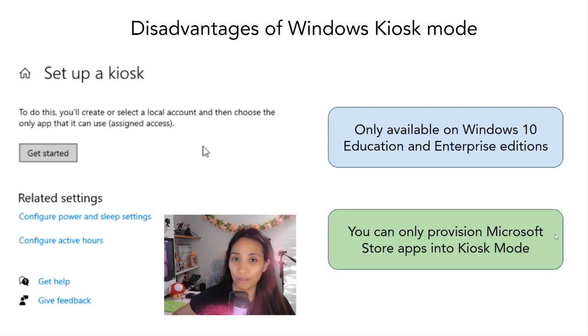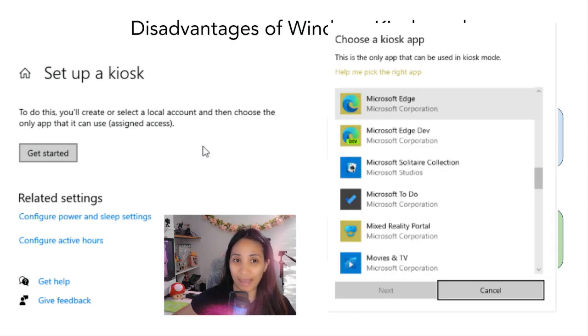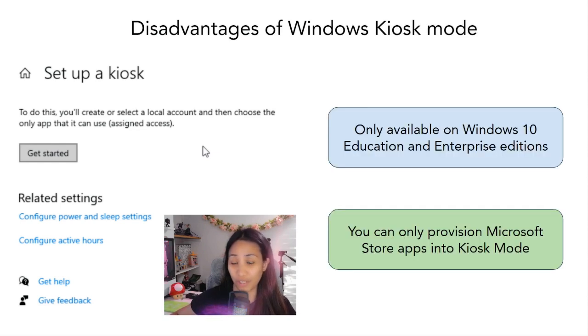Next, you can only provision Microsoft Store apps in kiosk mode, so the apps are very limited. If you have different programs that you want to display or show on the screen, those are not available to use in kiosk mode. Unless you're using the calculator, Microsoft Edge, or other Microsoft proprietary apps, this mode is very limited.